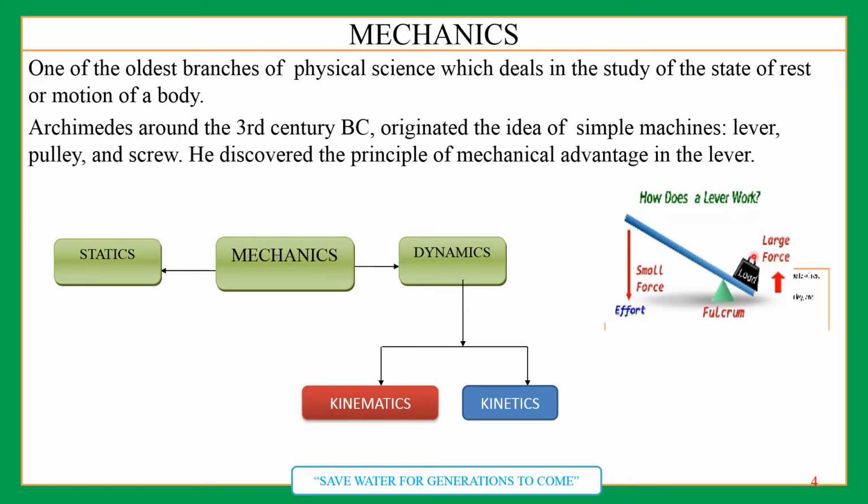Without this, it is very difficult to push this large load. But simply using this straight rod, we can lift it very easily by applying a small force downward. So it was a simple machine, or rather the simplest machine.